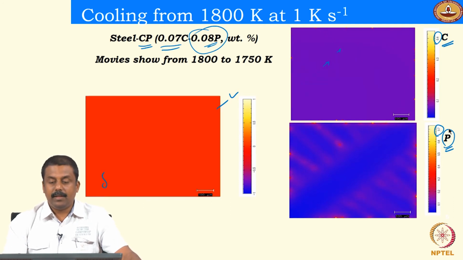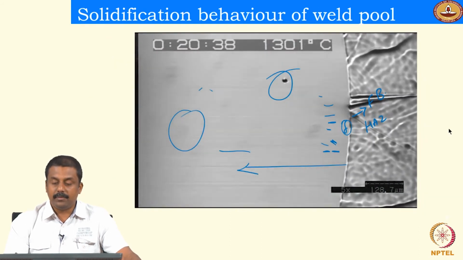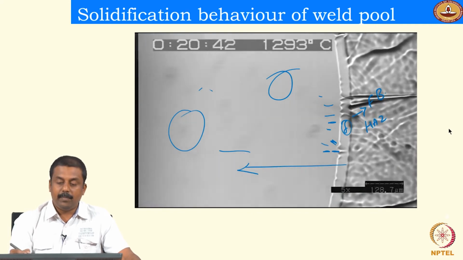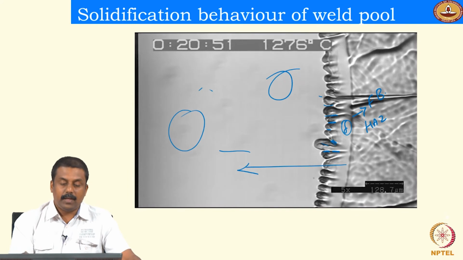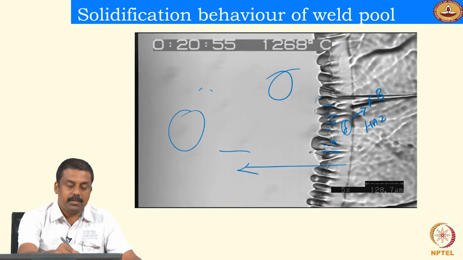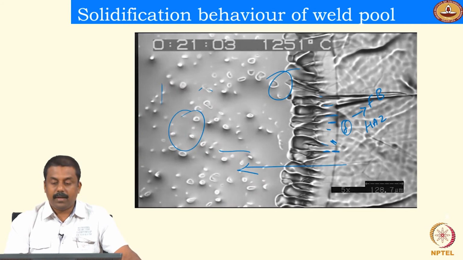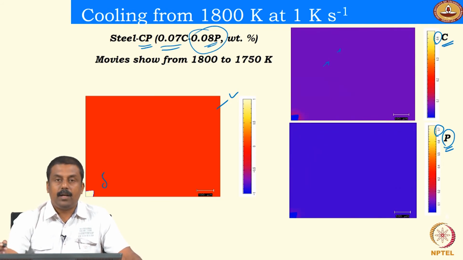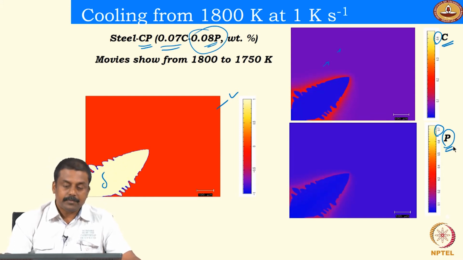So in this solidification behavior, you would end up having segregation at the interdendritic boundaries, as well as in the regions which solidify at the end, in carbon and phosphorus to the tune of 0.4 and 0.7 respectively.